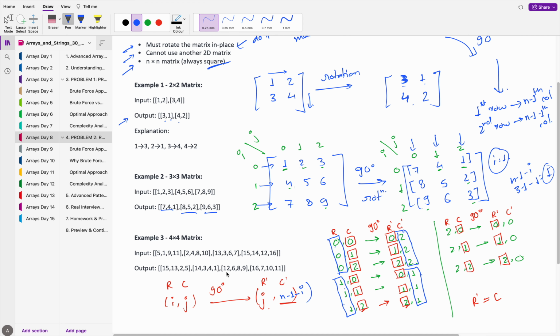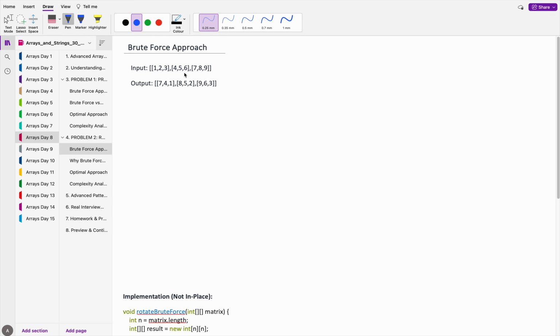So what we are gonna do is our first solution for brute force is gonna be not exactly in place है ना, because हमें copy करना होगा.